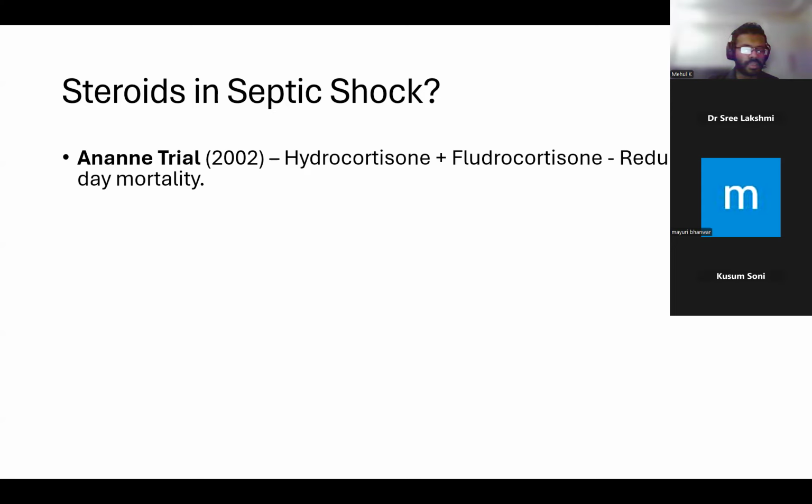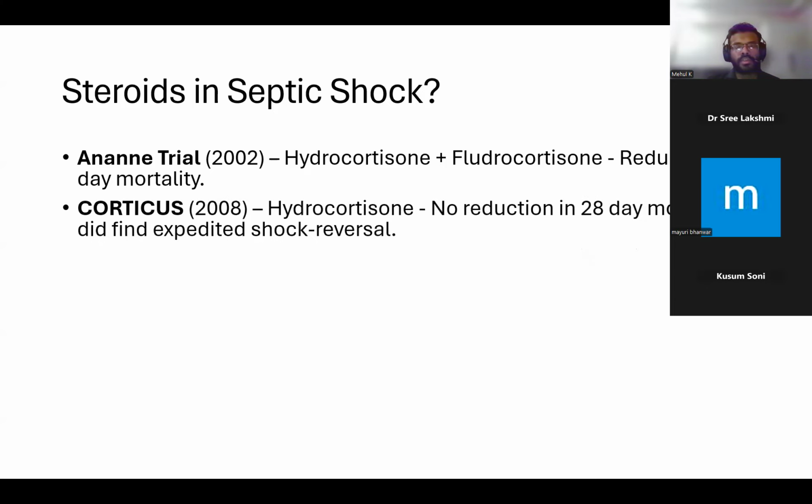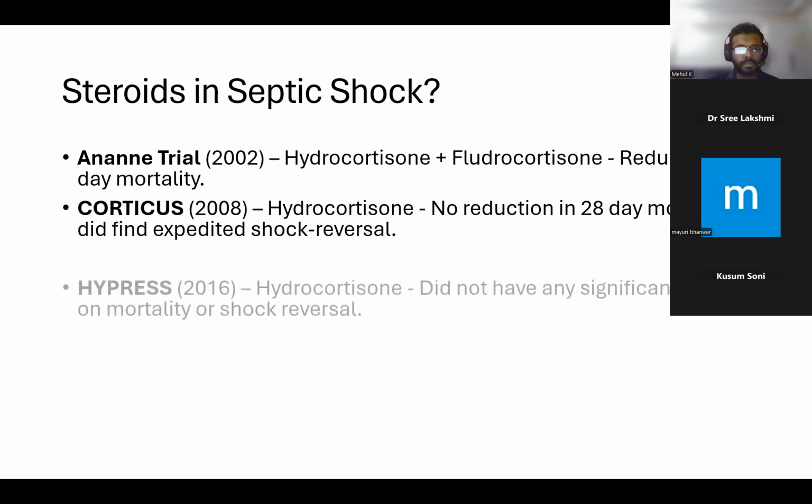But this trial was criticized because a lot of the patients received etomidate, and as you know, etomidate can produce some adrenal suppression, so there was some debate of whether that was confounding the results. Then we had the CORTICUS trial, which only used hydrocortisone, and this showed no mortality benefit, although it did show that the shock improved earlier with hydrocortisone than without it.